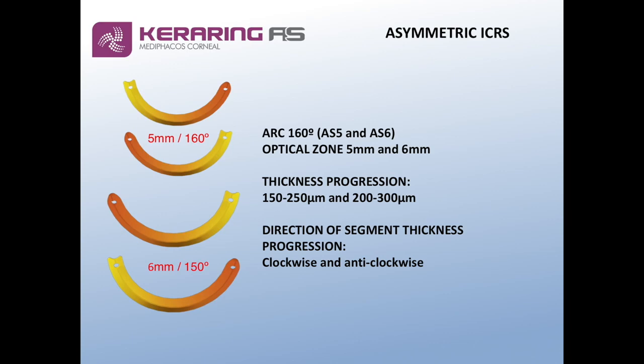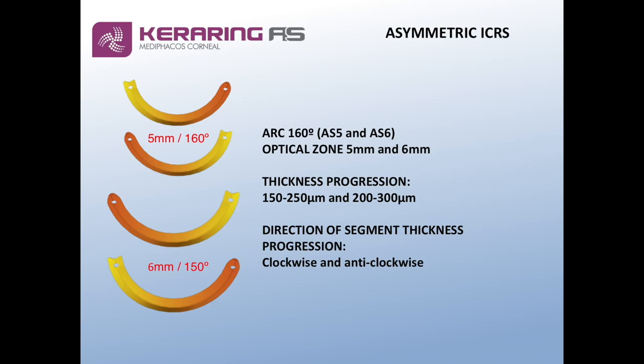Here, we have the need to create asymmetric intrastromal rings that have a variable pitch and begin on one side with a specific thickness and a different amount of thickness on the other end. These types of rings are luckily available only in the arc version of 150 degrees for 6 mm and 160 degrees of 5 mm, so all the other ones are inaccessible, 122, 210, etc., in addition to the fact that this increase in thickness may be clockwise or counterclockwise.